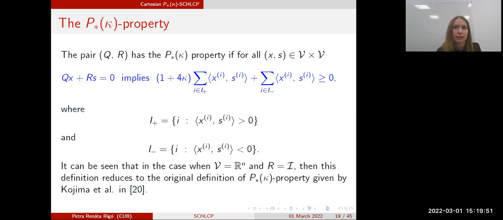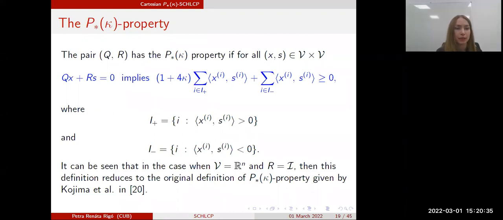However, it has been proven that if we speak about just LCPs, not about this more general framework, and we assume that the problem's matrix has the so-called P star kappa property, or in this more general framework, if this QR pair has the P star kappa property, then interior point algorithms can solve these problems in polynomial time, of course, in the size of the problem and in this special parameter kappa. So that is why it is important to deal with this class.